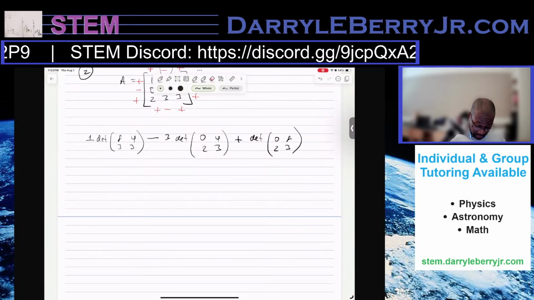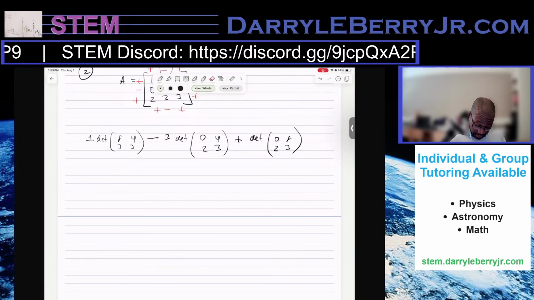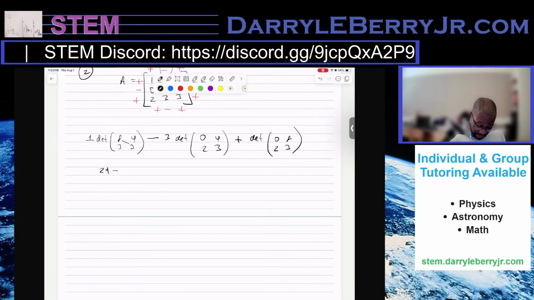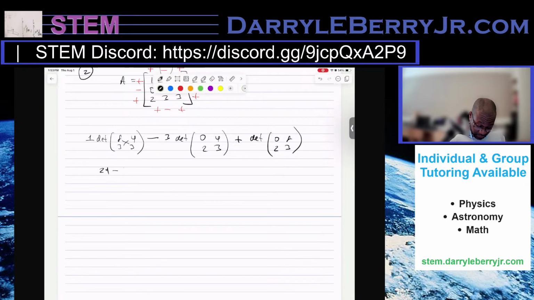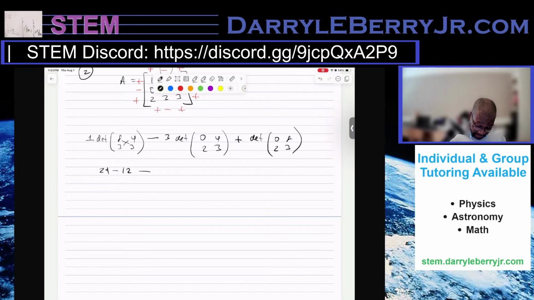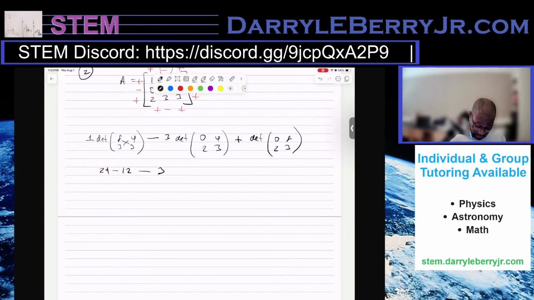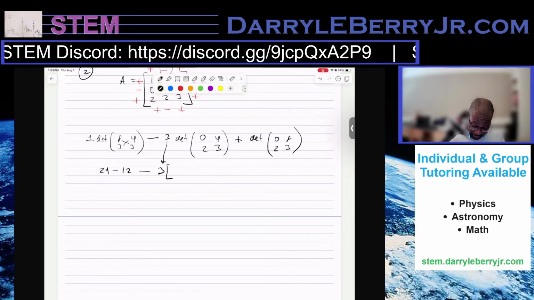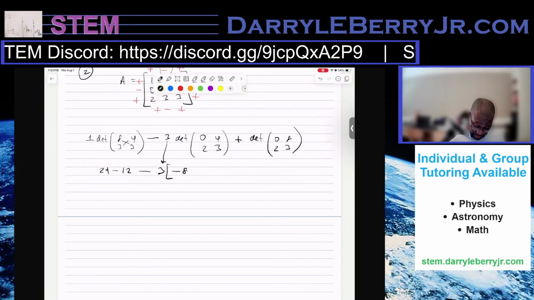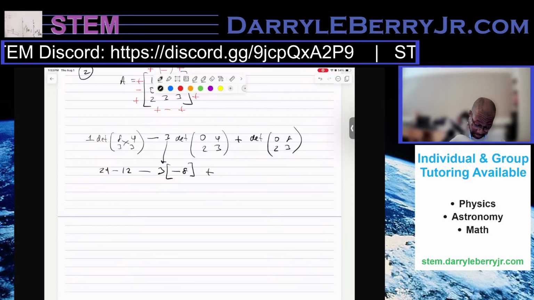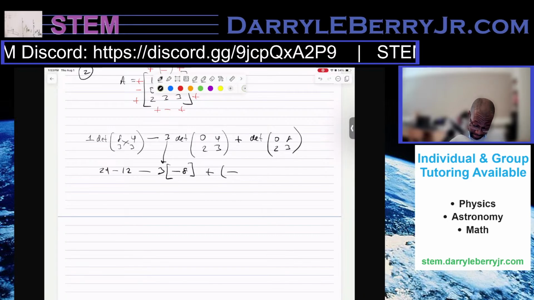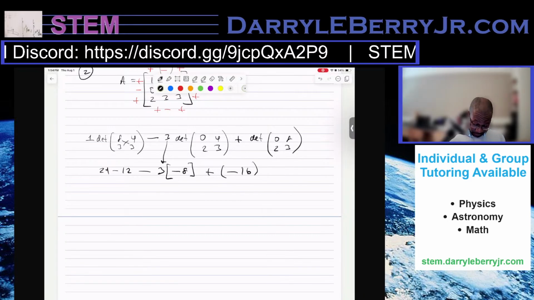So that's 1, and that's going to be 8 times 3 is 24, minus 4 times 3 is 12, minus 3 times, so remember the thing out in front, 0 times 3 is 0, minus 8, and plus 0 times 3 is 0, minus 16.